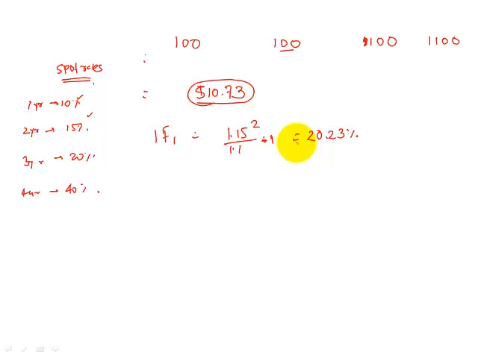We can't do that now. The 1 year forward rate 1 year from now is 1.15 square divided by 1.1. The intuition is, just to give you an idea, if I invest for 2 years at the rate of 15%, 100 rupees will become X amount. If I invest for 1 year at the rate of 10%, 100 will become 110.